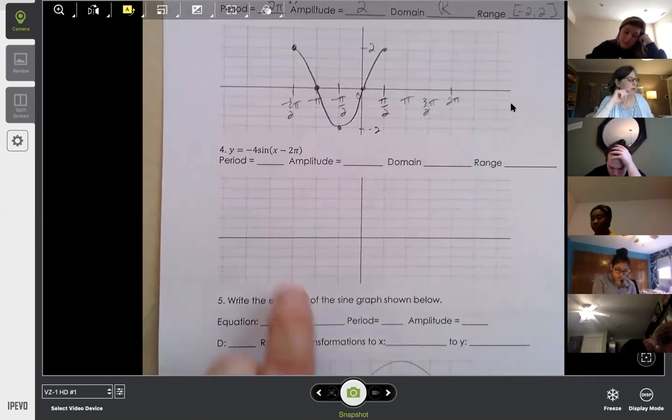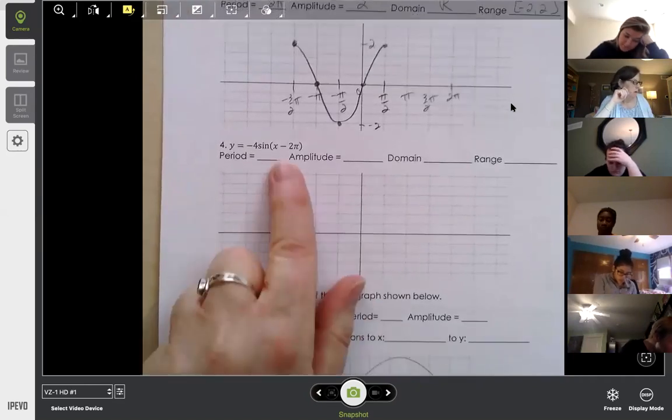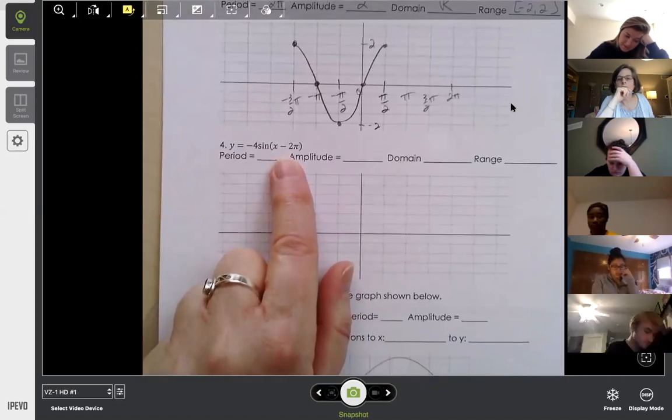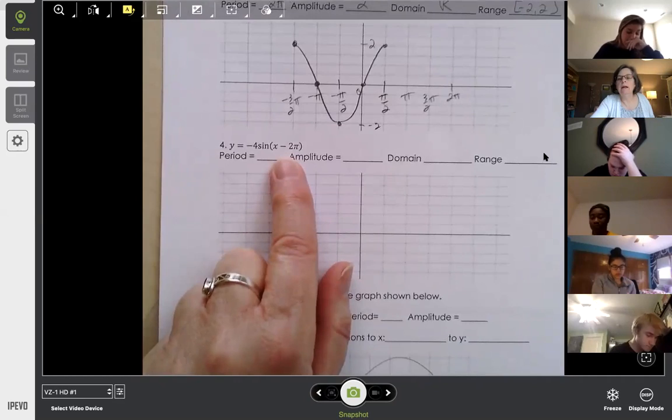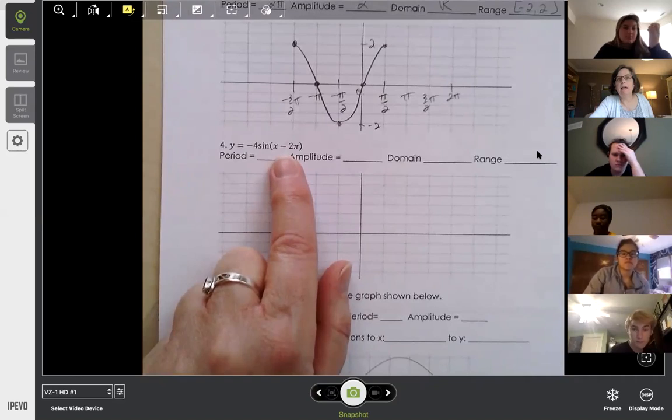Okay, -4 sine x minus 2 pi. How's that x minus 2 pi going to affect the graph? Anna, what would you say? Can you repeat the question, please? How does the x minus 2 pi, how's that going to affect the graph?